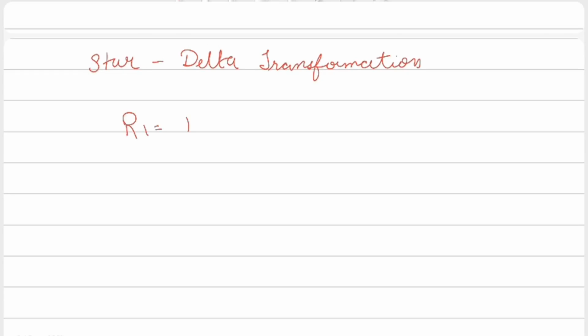We have derived the equation R1 equals R12 R31 divided by R12 plus R23 plus R31.